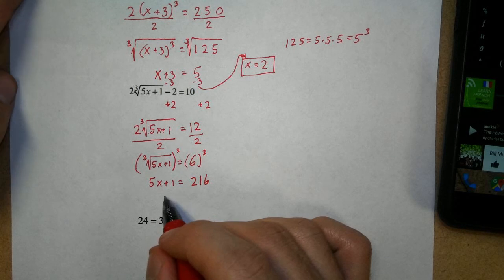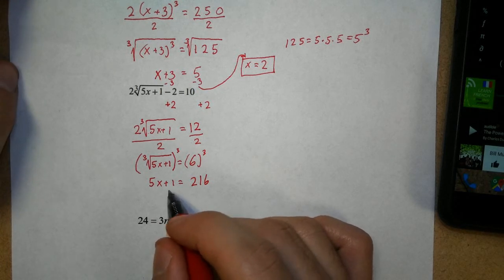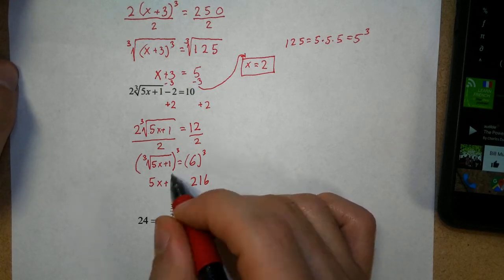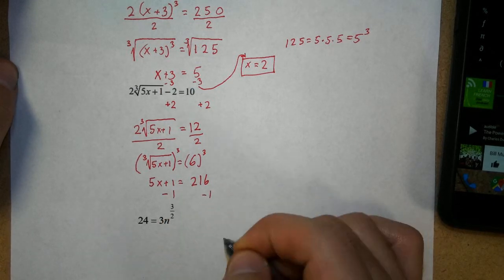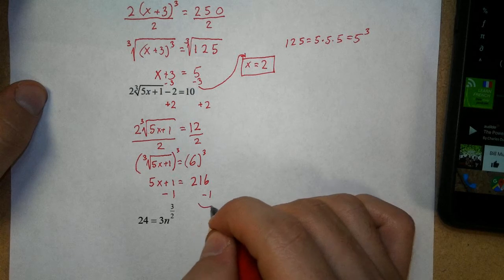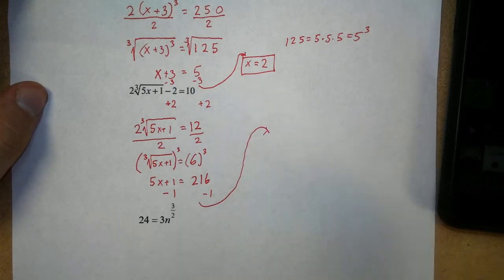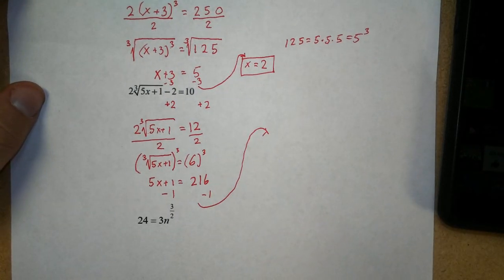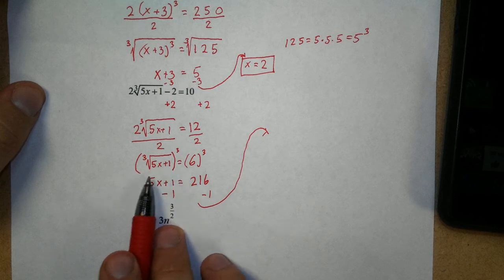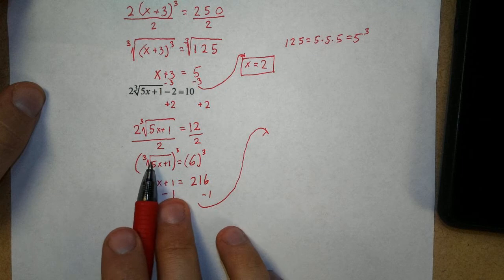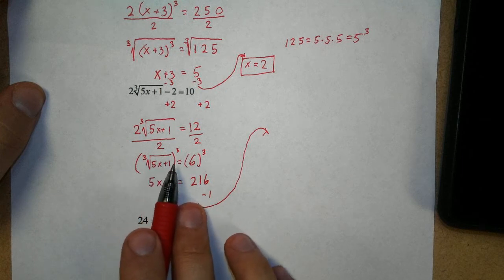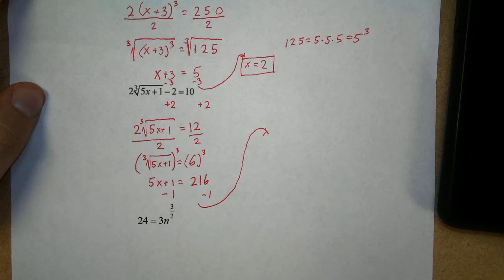And now we want to continue to solve this. So now we want to get rid of the addition, so we're going to subtract 1 from both sides. And realize we're now back to getting rid of the addition first, because we have gone all the way through our reverse PEMDAS, and we have come back to taking care of what's inside of our root.